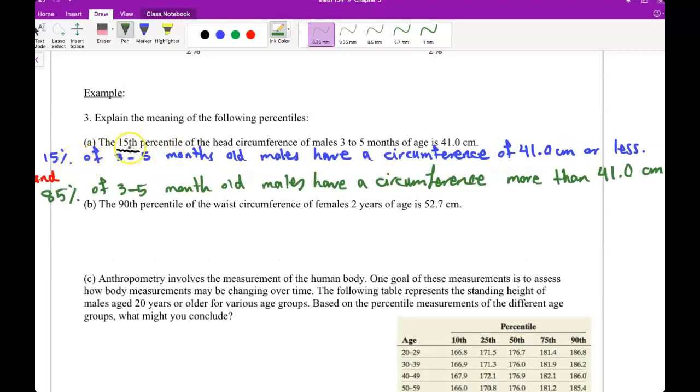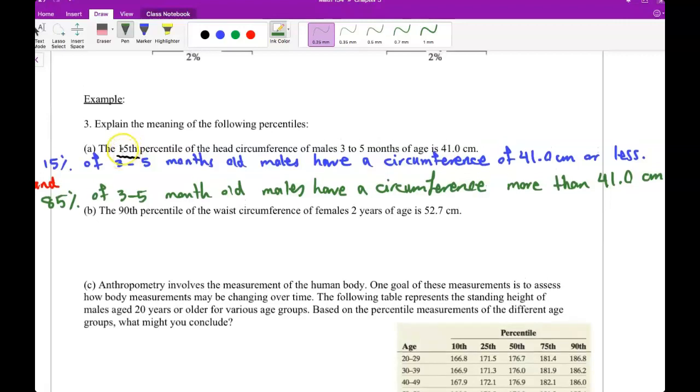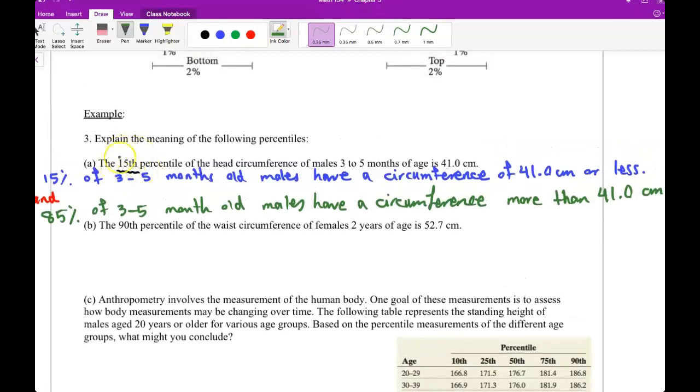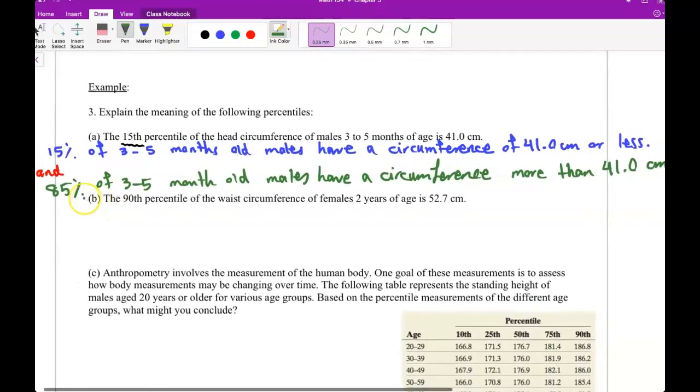This part was given as 15%, and I used exactly what we had here. So this is the highest percentage, that's why we have a number equal to 41 centimeters or less. But when you use the other side of the percentile, meaning you subtract 100% minus 15%, now you have 85%. So that is more than 41 centimeters instead of using less.